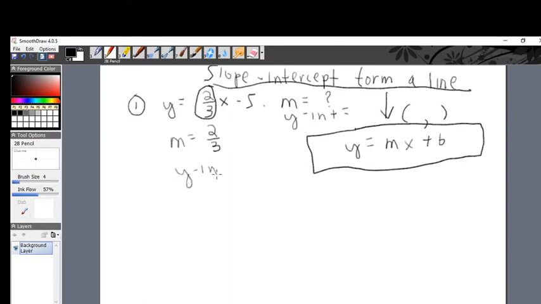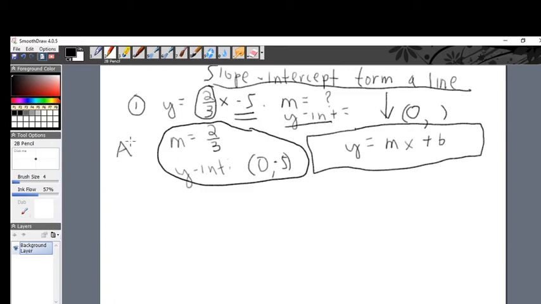A y-intercept always has 0 on the left-hand side. The y-intercept is right here, minus 5. Here's our intercept. The problem is over.